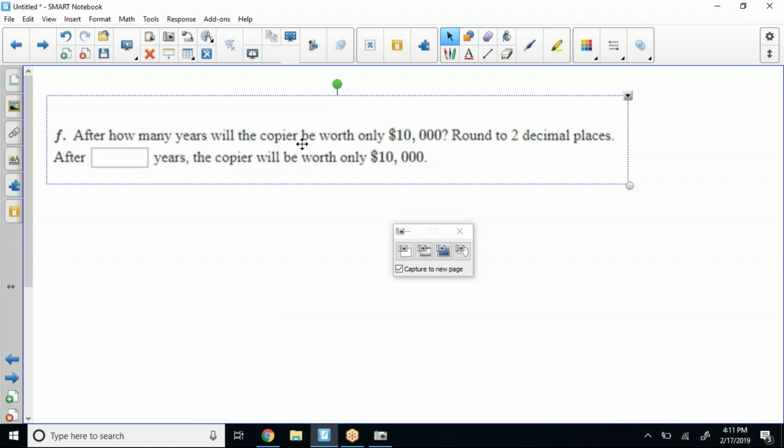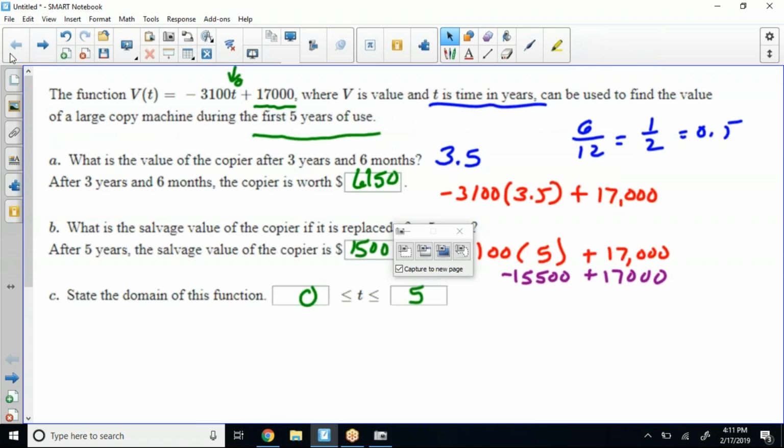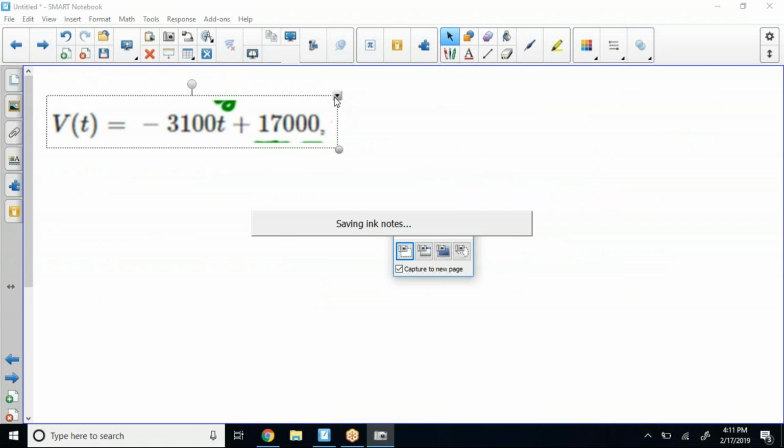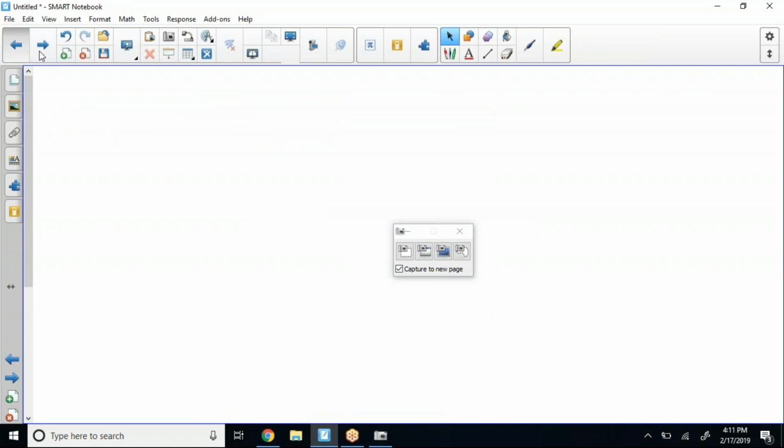It says, after how many years would the copier only be worth 10,000? Round to 2 decimal places. After blank years, the copier will be worth this. Well, what you're looking at is this equation. We'll take that.